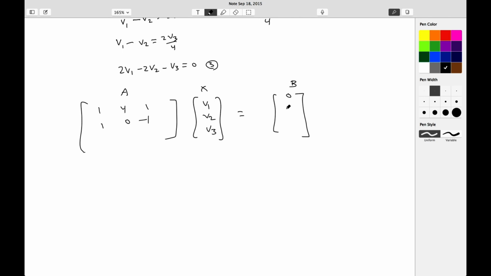So V1 minus V3 is equal to 12. And then my equation 3 was 2V1 minus 2V2 minus 1V3, and that equals 0. So we would take A inverse B using MATLAB or a calculator.